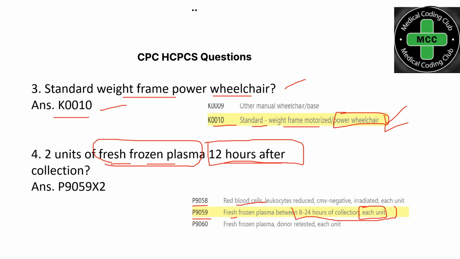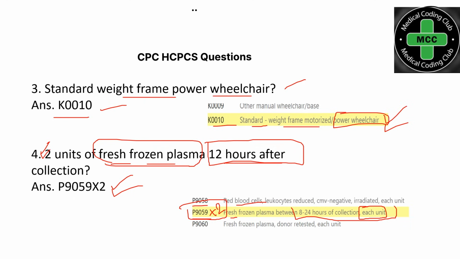In the question, they have given 2 units, so P9059 with units 2 is the correct answer. This is also an exam question and it is important. Almost 2 students got the same question, so you can go through it, and also anything similar to this storage concept.